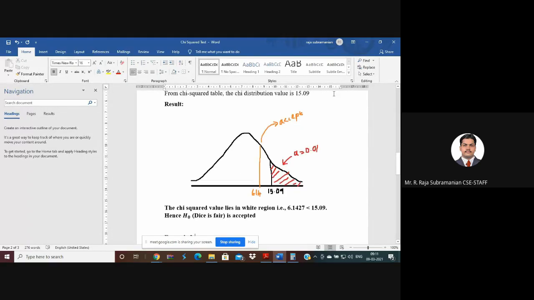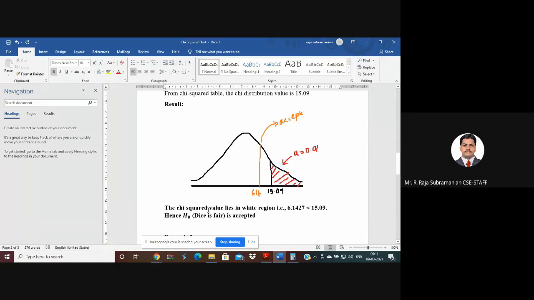So I do a plotting here. This is my plot, and in the plot it says that after 15.09 comes my red region, which is not in the acceptance region. It is a rejection region. But I get a value something like 6.14, which is very much before that 15.09. So I accept this particular hypothesis.